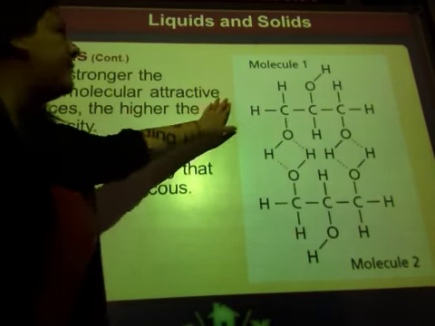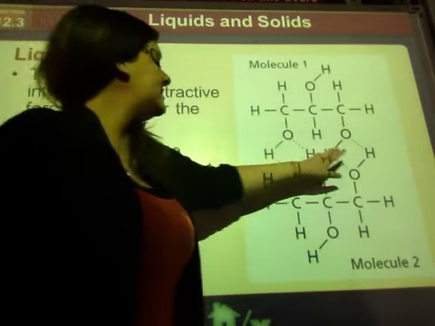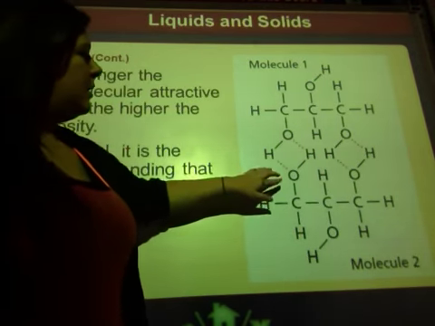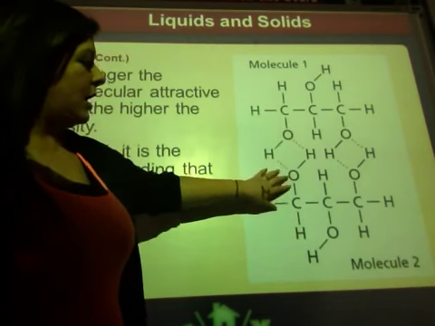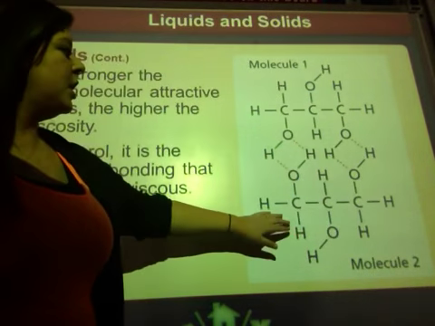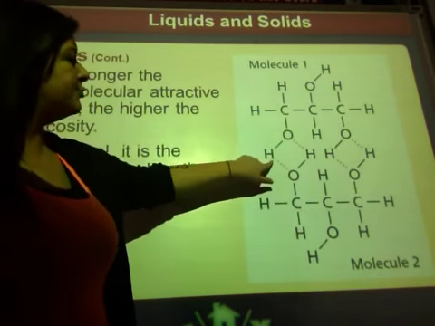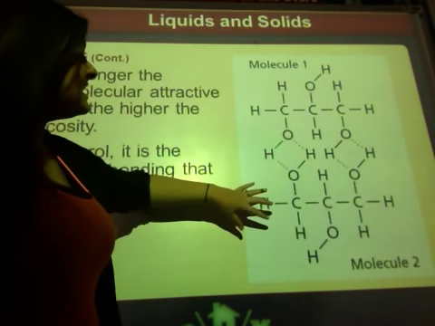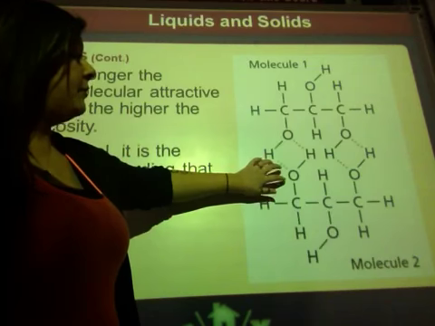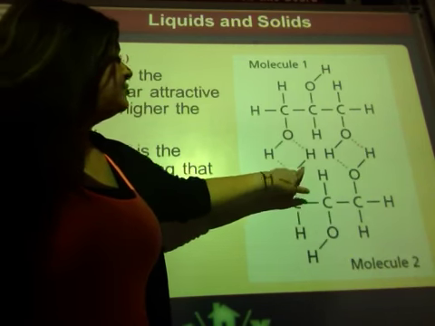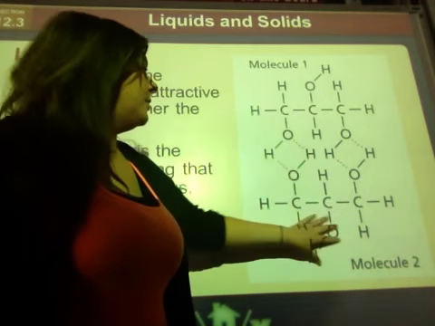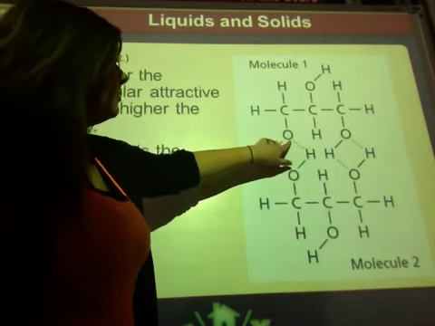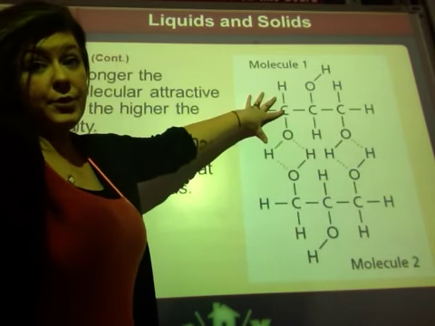So here's my first molecule, and then I have my second molecule down here. If I look at this, the oxygen on this second molecule of glycerol has some type of hydrogen bond with the hydrogen on molecule number 1. So I can see that I have a hydrogen bond right here. I have a hydrogen attached to this oxygen in molecule number 2, so that hydrogen is attracted, through hydrogen bonding, to the oxygen on molecule number 1.